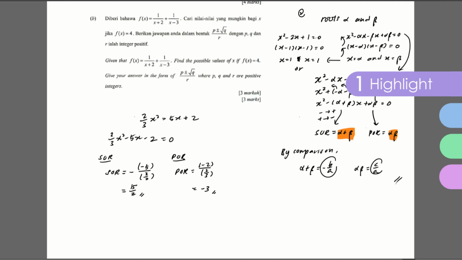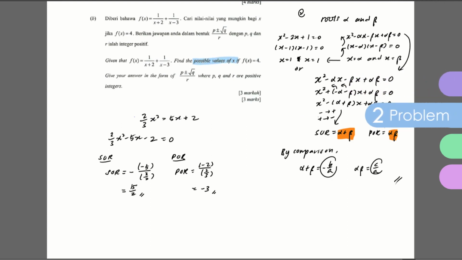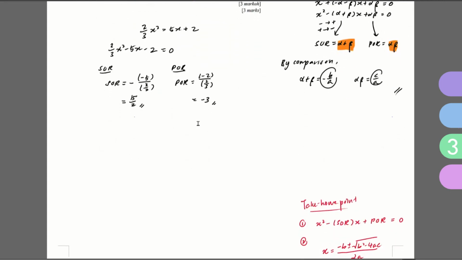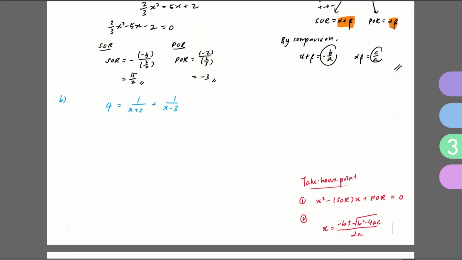Here, the things we need to highlight is we need to find possible values of x, meaning there will be more than one answer, and our answer needs to be in this form. So let's start off by substituting f(x) equals 4 into here. Here I'll make sure the denominators for these two fractions are the same. And here we just simplify the equation.